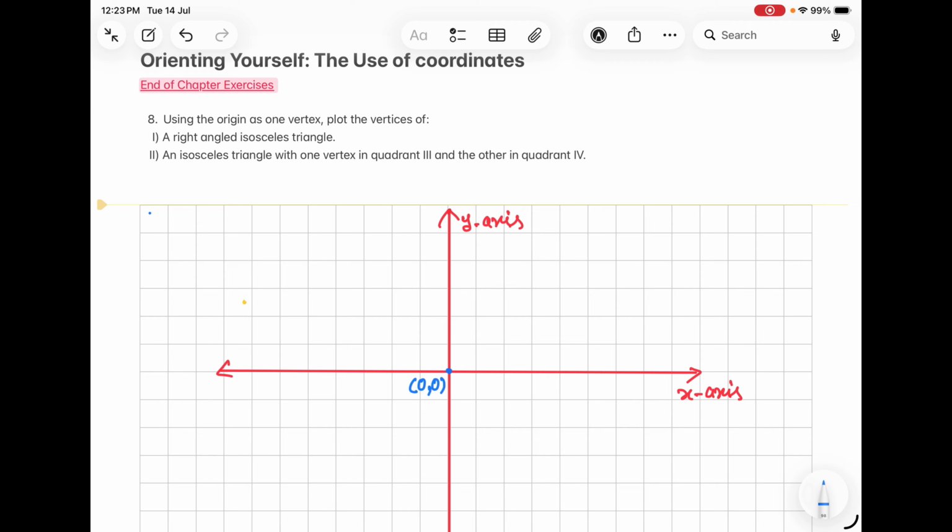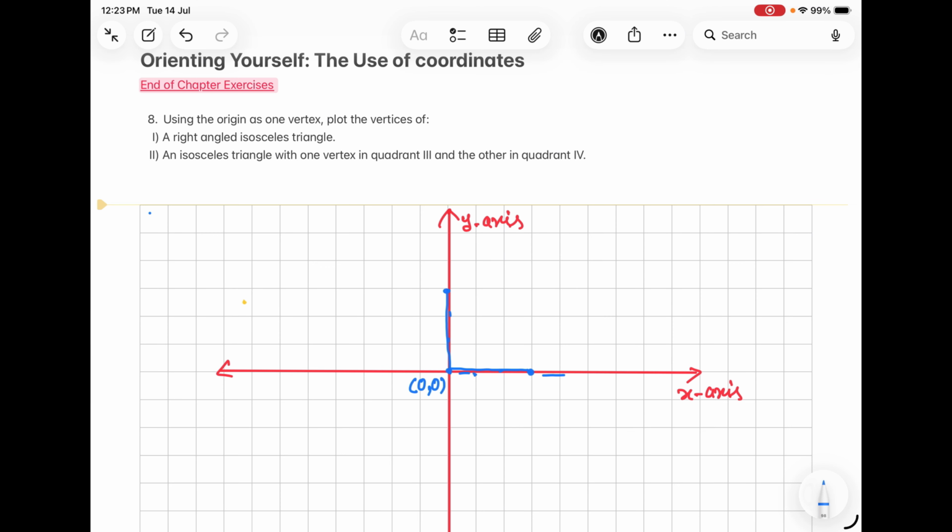So if we take from the origin same distance in the x-axis, suppose I am taking 3 units, 1, 2, 3. Okay, and in the y-axis from the origin also same distance, 1, 2, 3, 3 units.